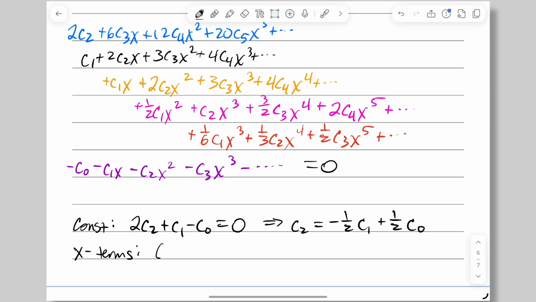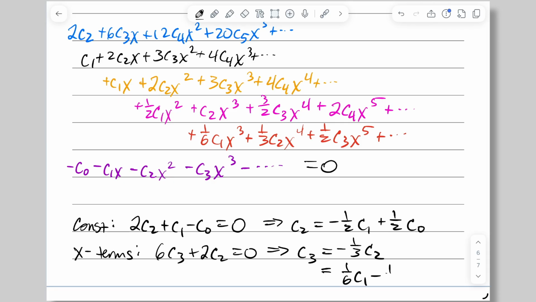Okay, so 6c3 plus 2c2 is equal to 0, giving us that c3 is equal to negative 1/3 c2. Since c2 contains our c1 and c0, this is going to give us 1/6 c1 minus 1/6 c sub 0.